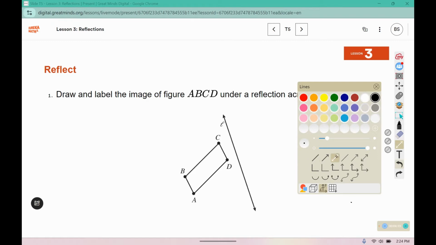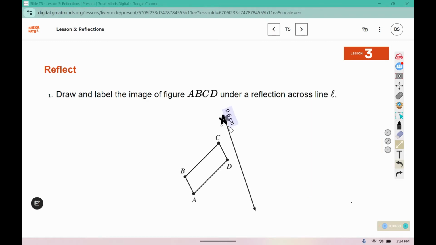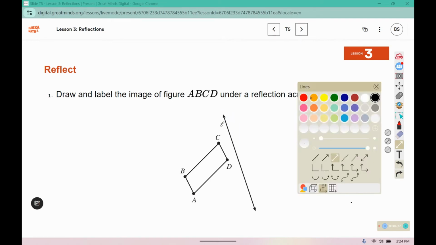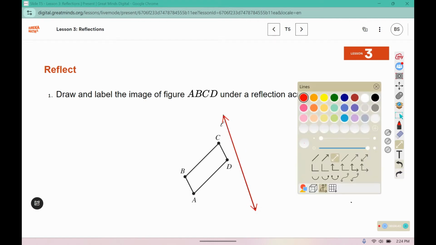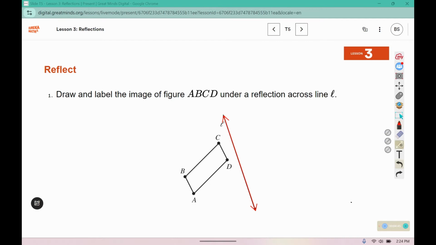We want to make sure that we get the ends of the line so that we know where to put our line when we flip our paper over. This is going on our tracing paper. Then we are tracing the figure.